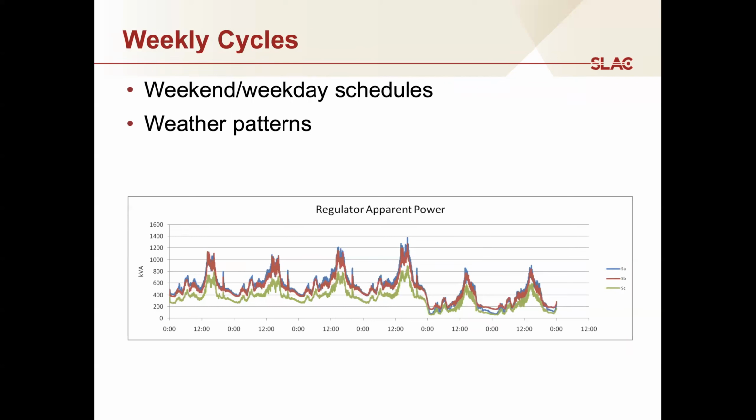Obviously, it's not just the daily cycle that is important. Weekend, weekday changes also are significant, and some weather patterns that occur over periods of days also will emerge through the weather data files. So when we talk about schedules, we don't mean just the hourly schedule during the course of a day, but also the schedule during the course of a week.